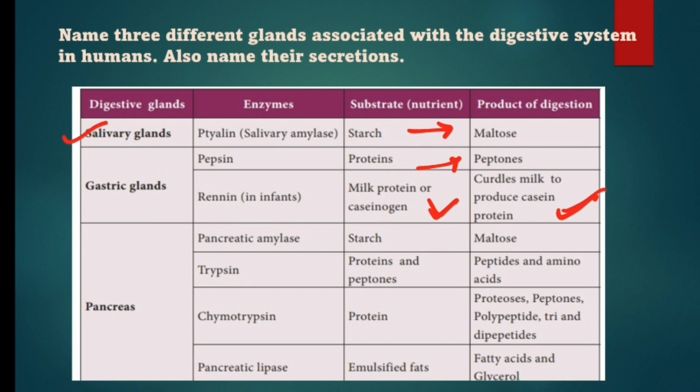Okay. Pancreas secretes pancreatic amylase, which again converts starch to maltose. Trypsin converts proteins and peptones to peptides and amino acids. And pancreatic lipase converts the emulsified fats to fatty acids and glycerol.